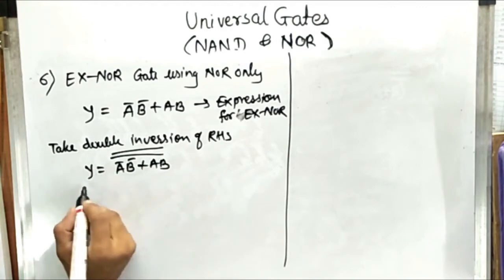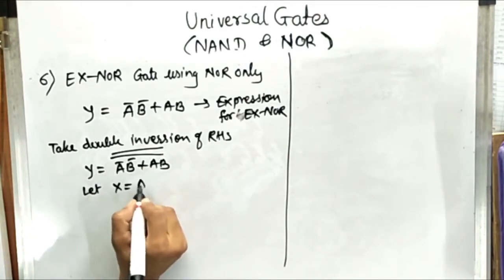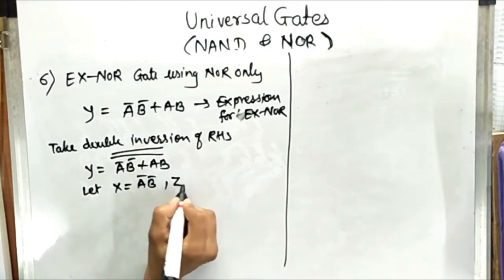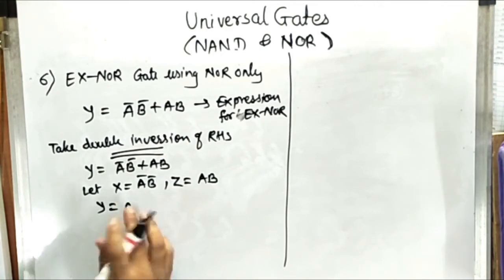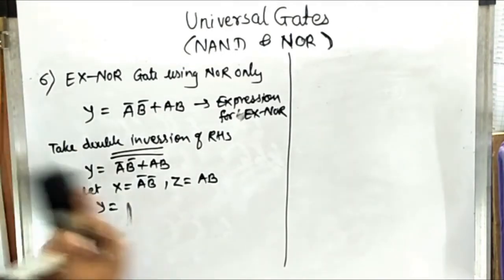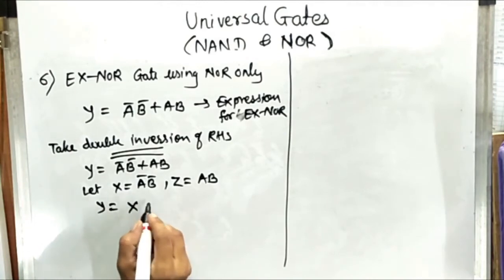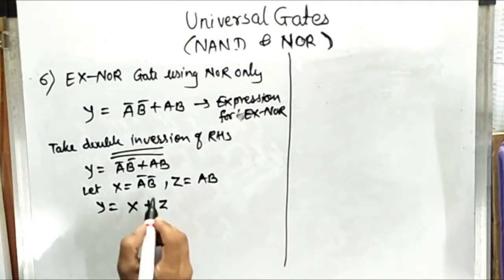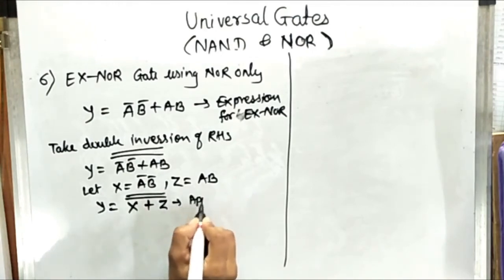Let X be equal to A bar B bar and Z equal to AB. So we get Y equal to this X plus Z double complement. Apply De Morgan's theorem.